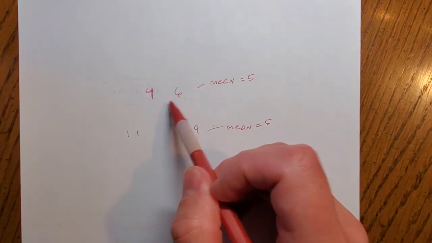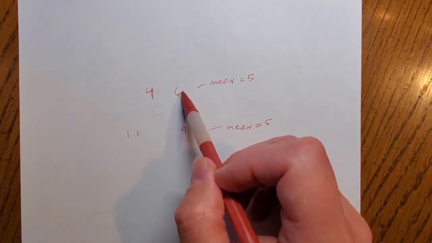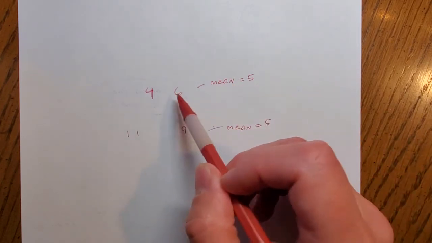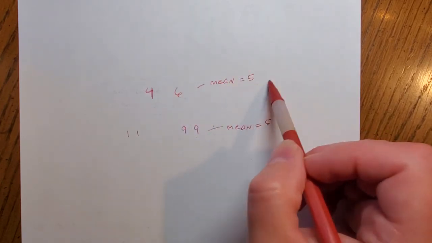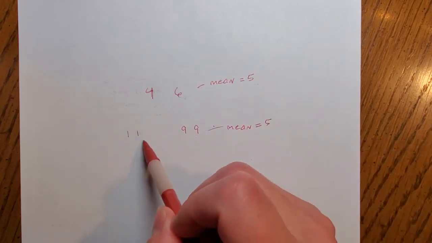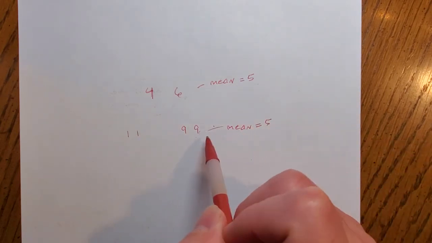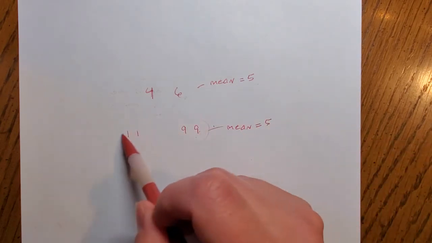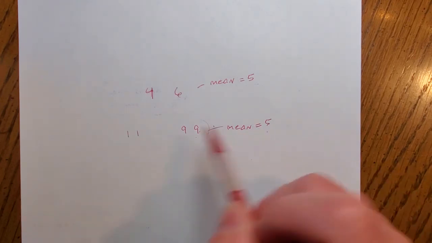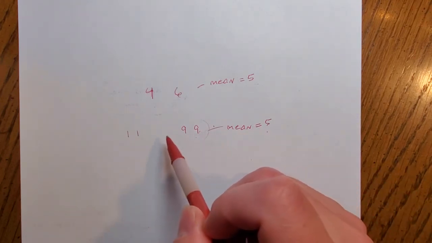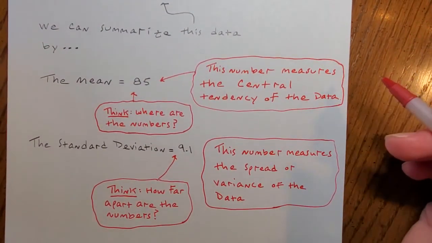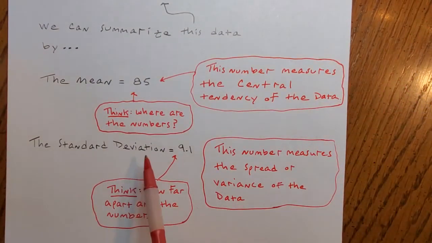But these numbers are close to the mean. These numbers are close to the number they cluster around. And these numbers aren't. Okay, these numbers still cluster around 5, 1 and 1 and 9 and 9, but they're not very close to 5. So then that gives rise to this other number called the standard deviation.